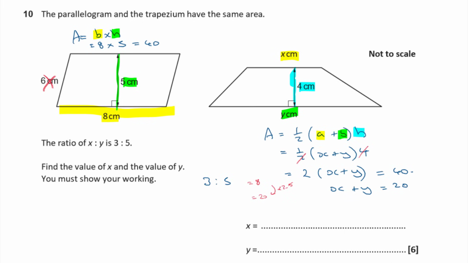So if I take this ratio of 3 to 5 and I times it by 2.5, then 3 lots of 2.5 is 7.5, and 5 lots of 2.5 is 12.5. So that means x must be 7.5 centimeters and y must be 12.5 centimeters.